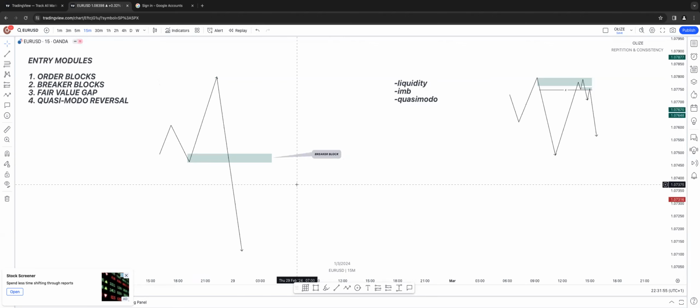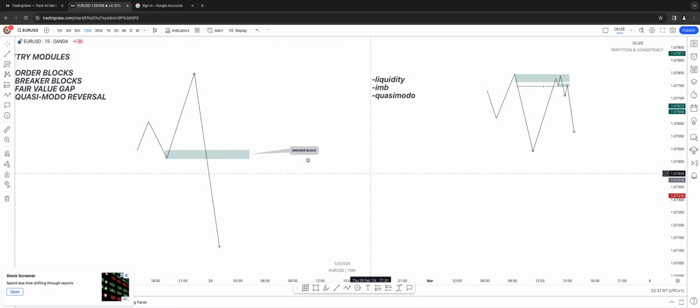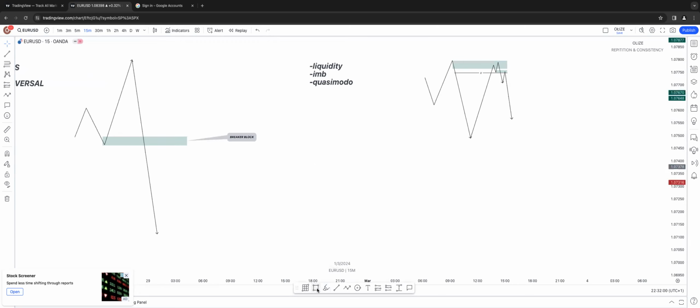Going to the next one, which is the fair value gap, FVG. So let's say all these are candlesticks.